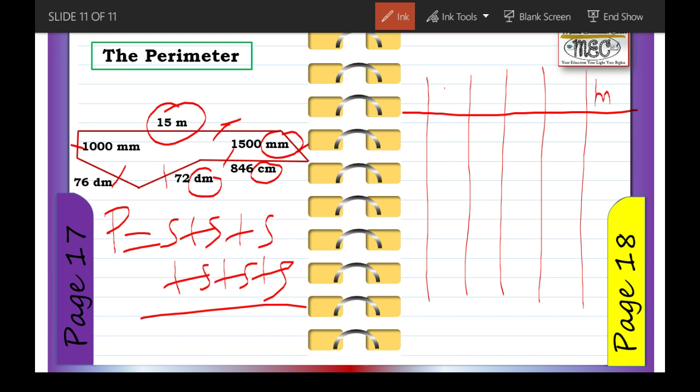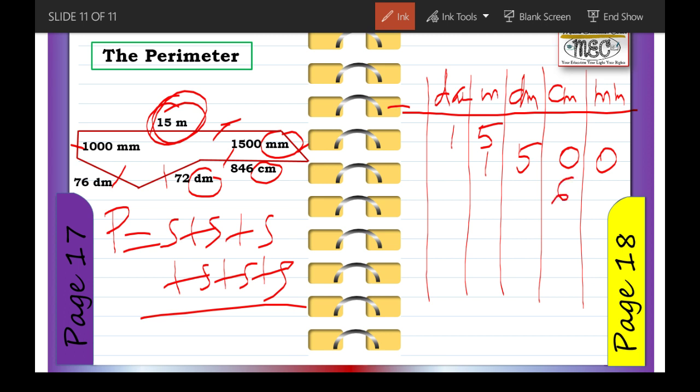There we have millimeter, centimeter, decimeter, meter, decameter, and so on. So the first one is 15 meters. The next one is 1,500.